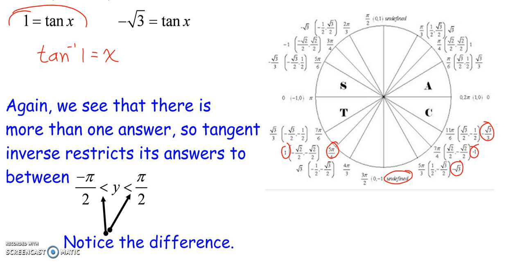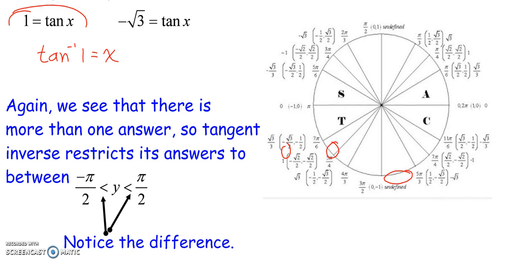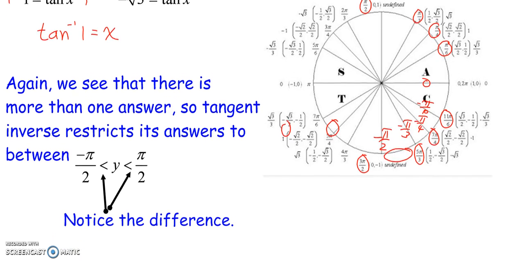So we're looking at angle measures between negative pi over 2, which is what I would call this, negative pi over 2. Similar to what I did with sine, I call this negative pi over 3, negative pi over 4, negative pi over 6. We already know this is 0, pi over 6, pi over 4, pi over 3, and pi over 2. Those are possible outcomes for tangent inverse questions.